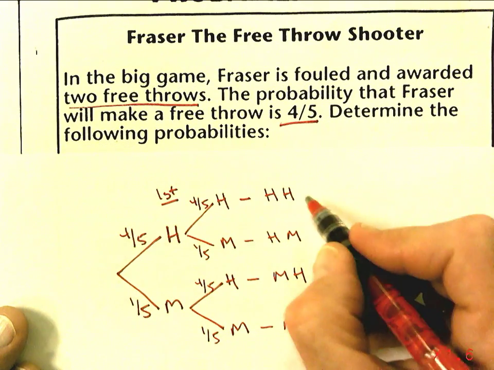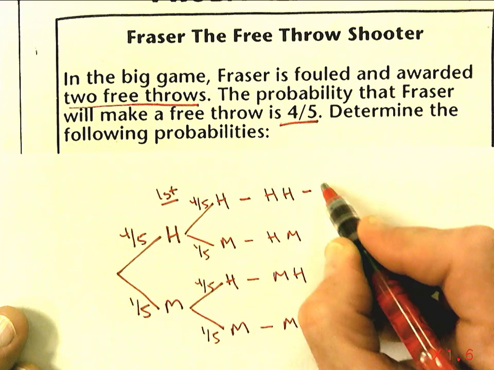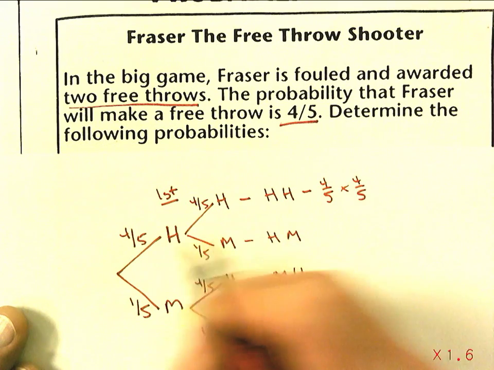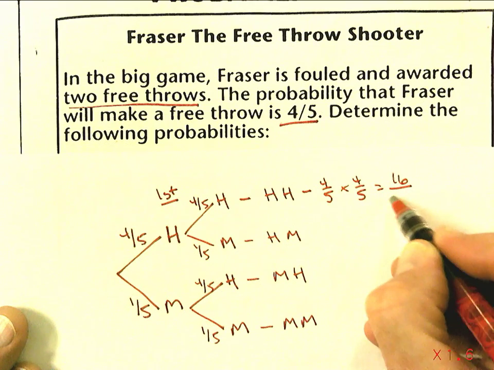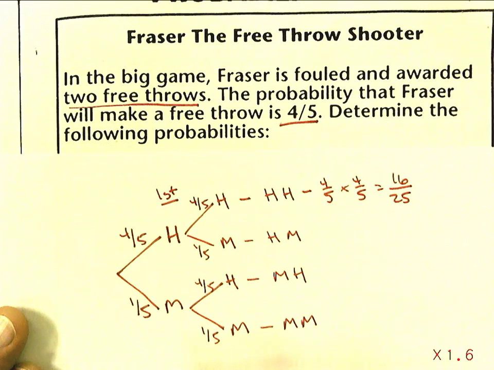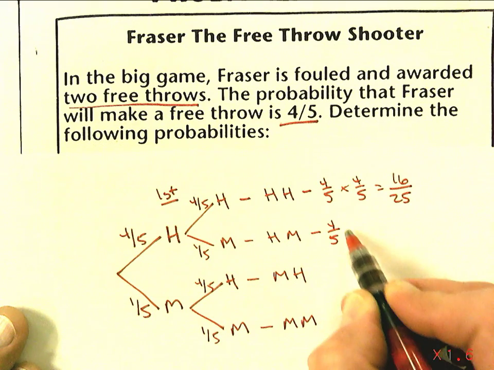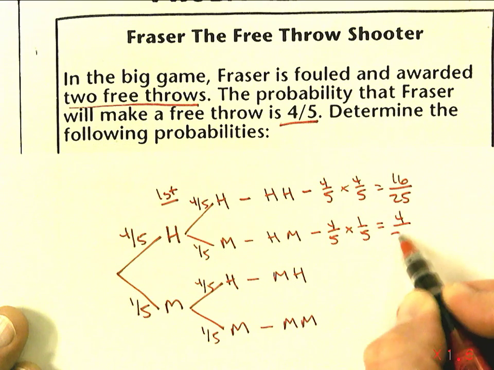And the probabilities of each, we just follow the different lines. So we have 4/5 times 4/5 for hit-hit, which is 16 out of 25. For hit-miss, 4/5 times 1/5, and that's 4 out of 25.